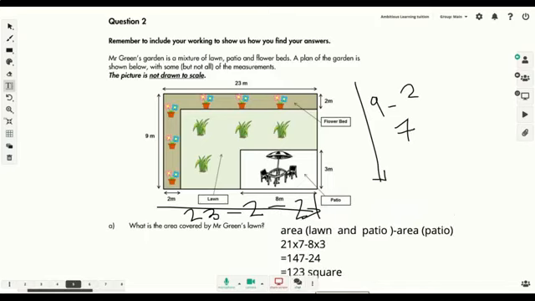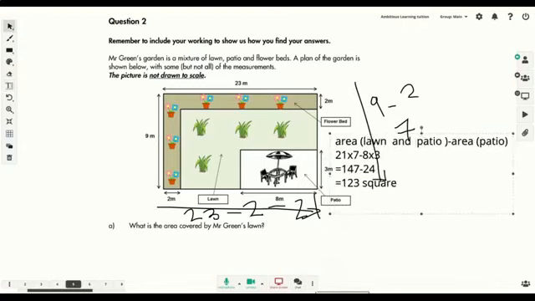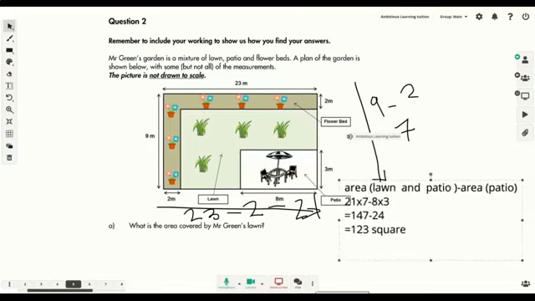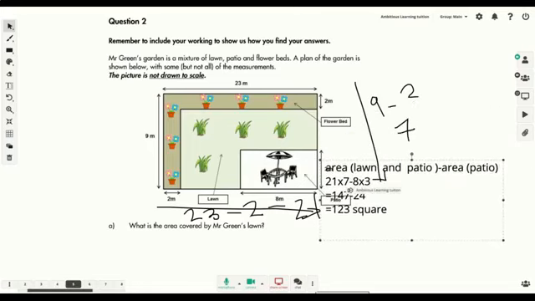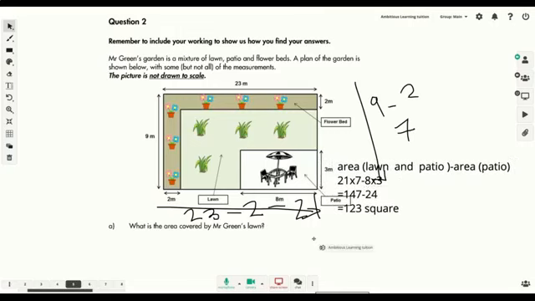I'll put this up for you guys to have a look. I hope you can understand how we did it. They are saying what is the area covered by Mr. Green's lawn.